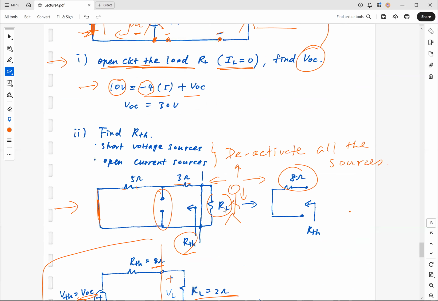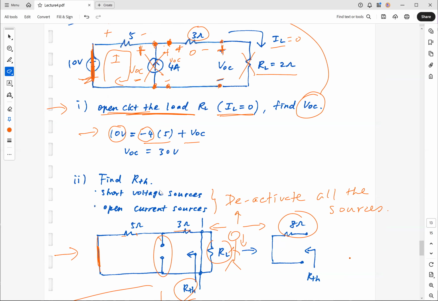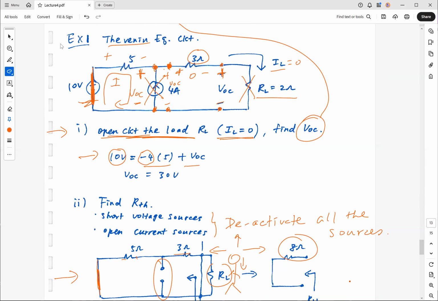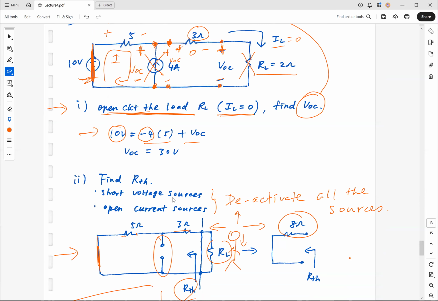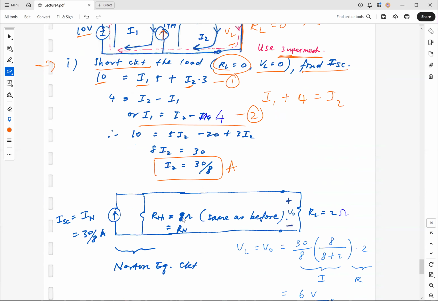Imagine your resistor standing right here and you look all around you. When you look to the left, you see 3 and 5 in series. Exactly the same step, so the step of finding RTH and RN in both examples, example 1 and 2, is exactly the same. So I can easily say this is 8 ohm. RTH and RN are the same, equal to 8 ohm.